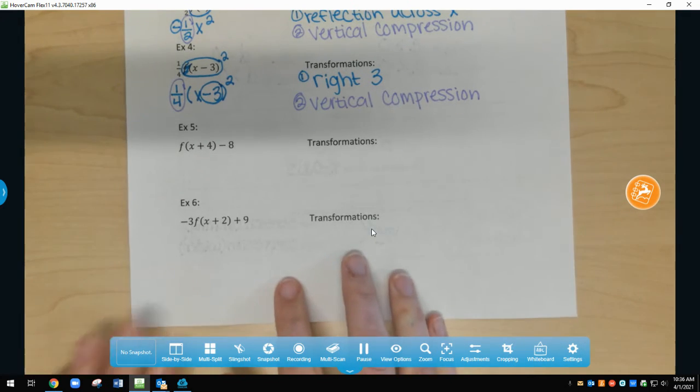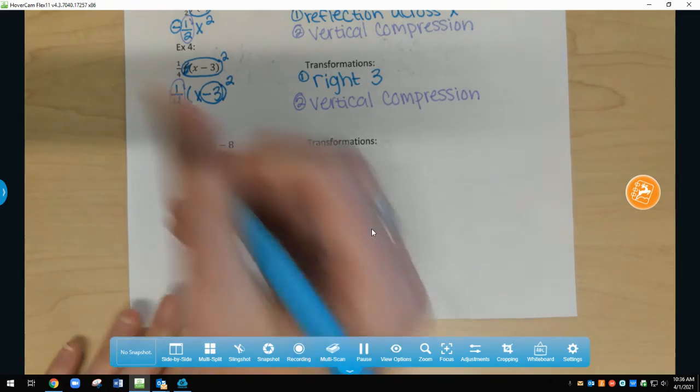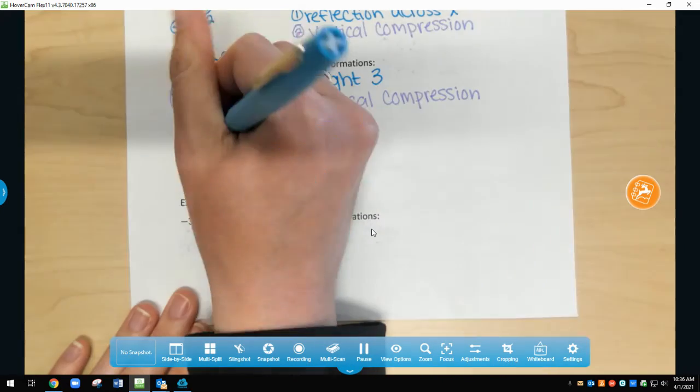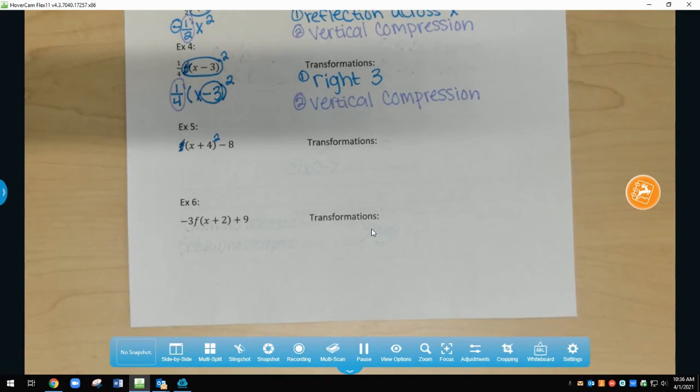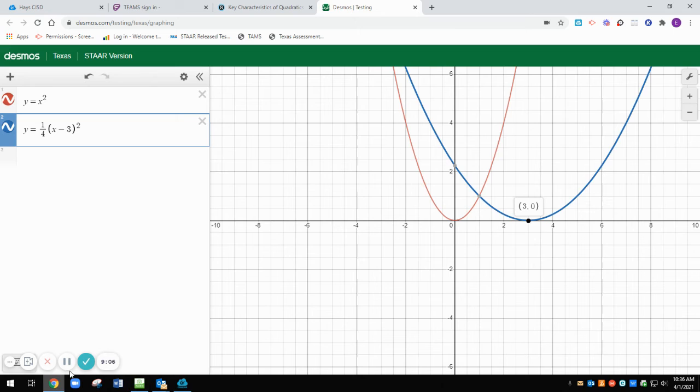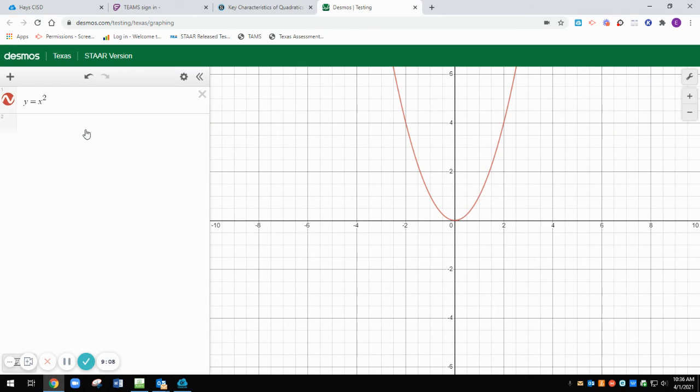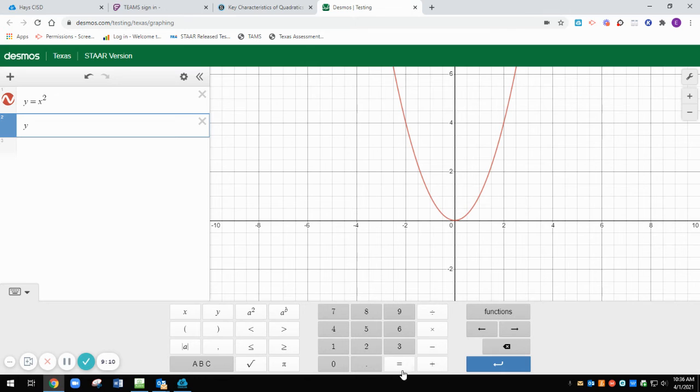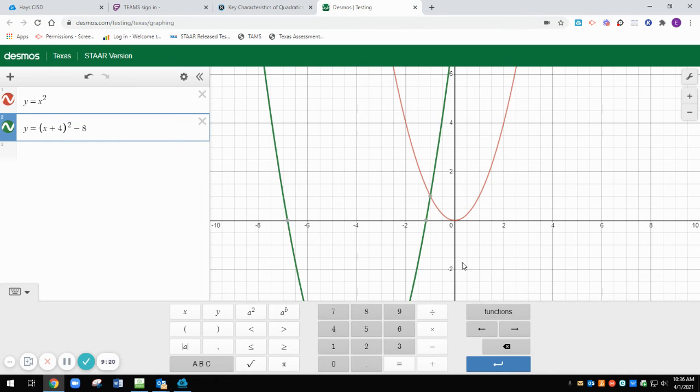Okay, so on this one, same thing. Mark out the f. We can put the squared and type that into Desmos. So we have y equals parentheses x plus 4 squared, okay, minus 8.